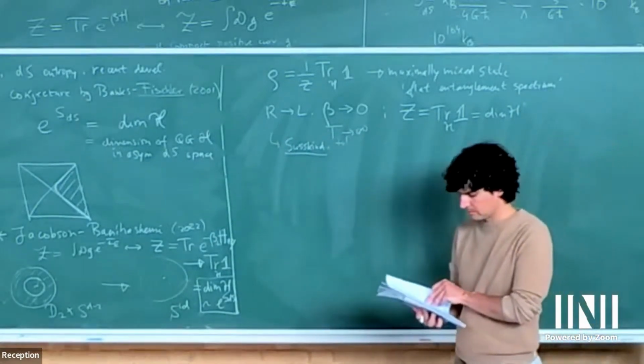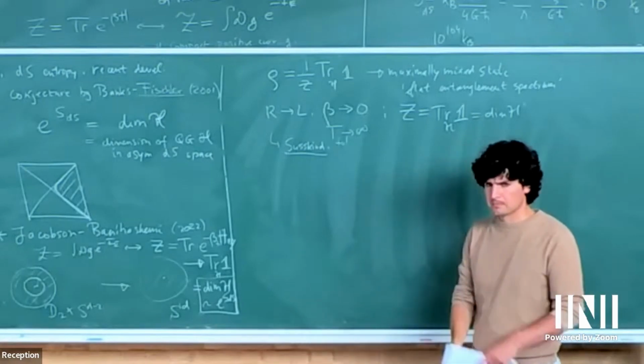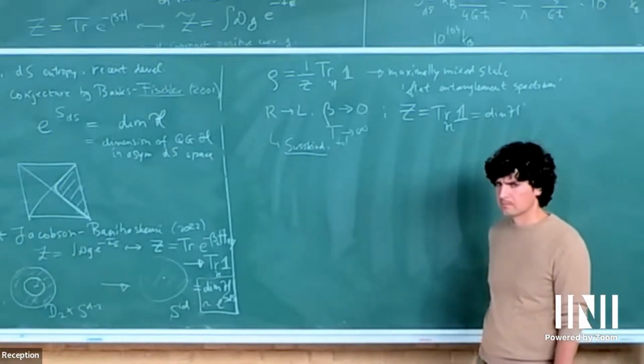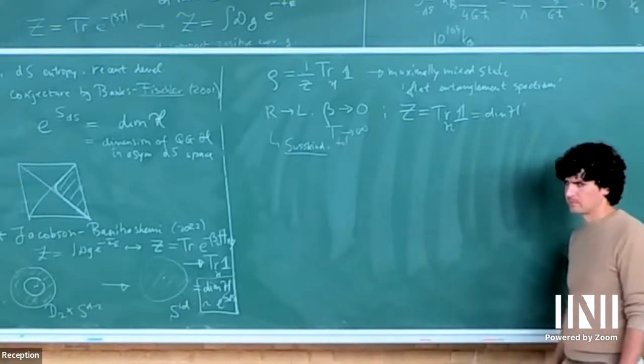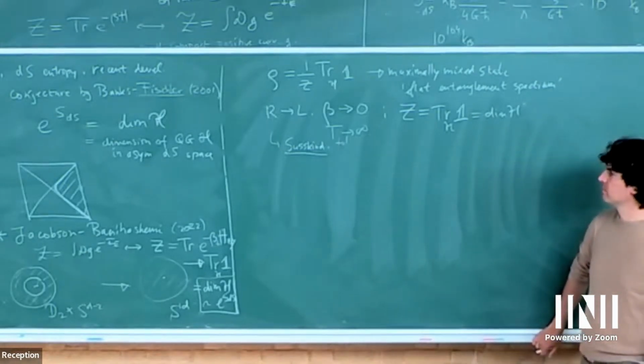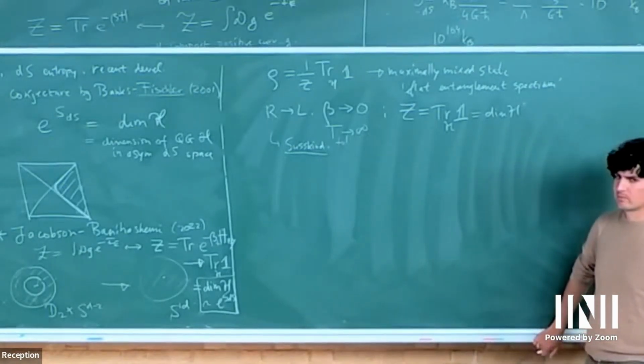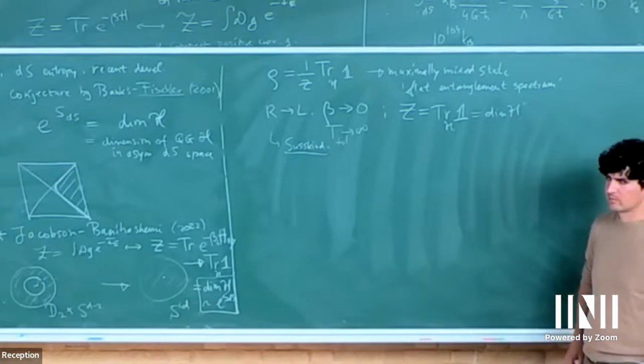Can I think of the first one as a bulk calculation, a bulk entropy, and the second one as the interpretation of a holographic description?